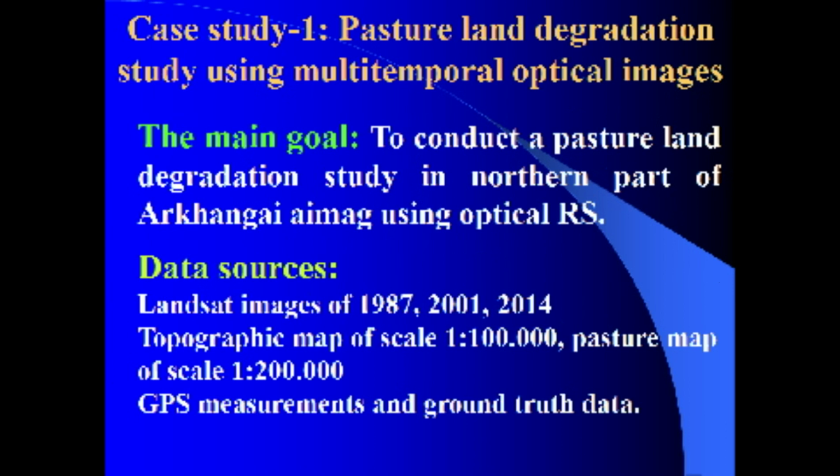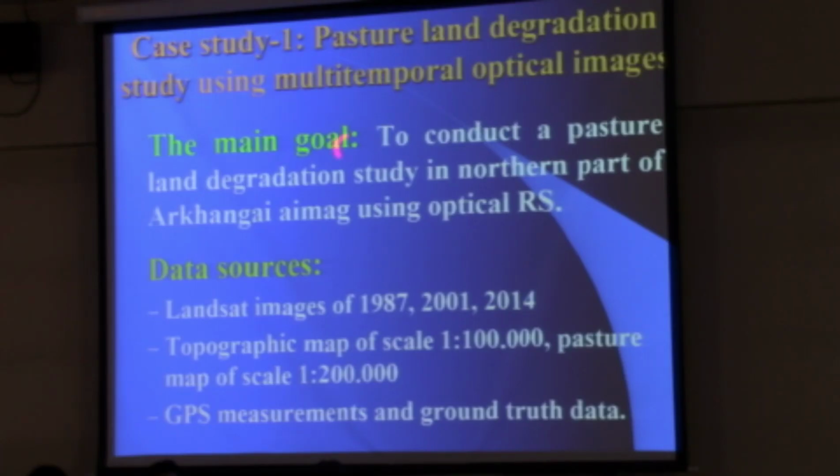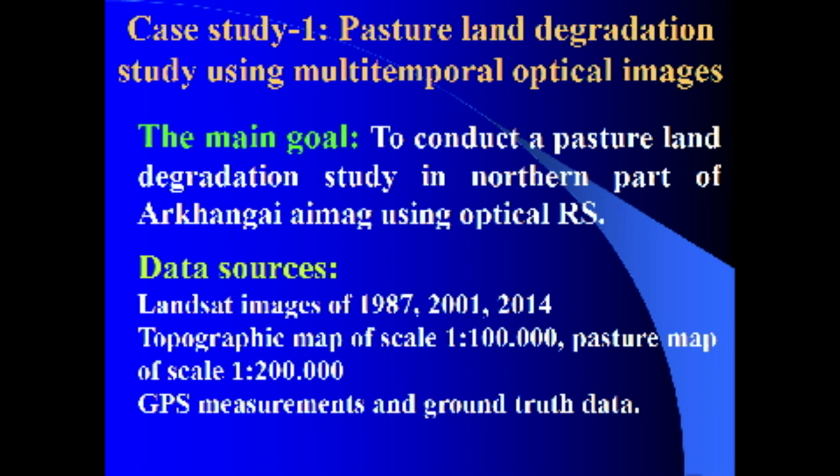Now let me talk about my first case study, entitled Pasture Land Degradation Study using Multi-Temporal Optical Images. As data sources, we have used multi-temporal satellite images mainly acquired from Landsat in 1987, 2001, and 2014. In addition, we had a topographic map of the study area, as well as a pasture map at a scale of 1 to 200,000, and some other GPS measurements and ground truth datasets.